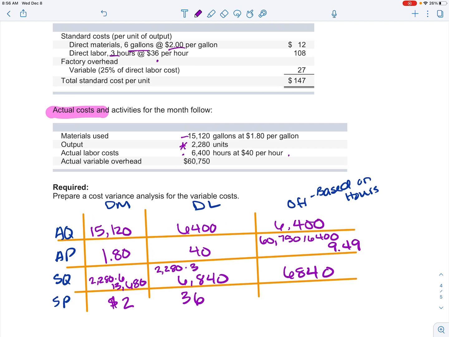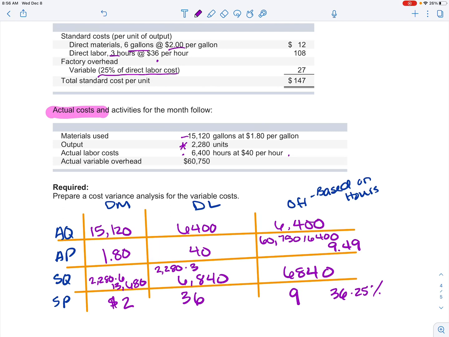And if I look for standard price for overhead, they tell us 25% of direct labor. So I'm going to take that 36 times 25%, which gives me $9.